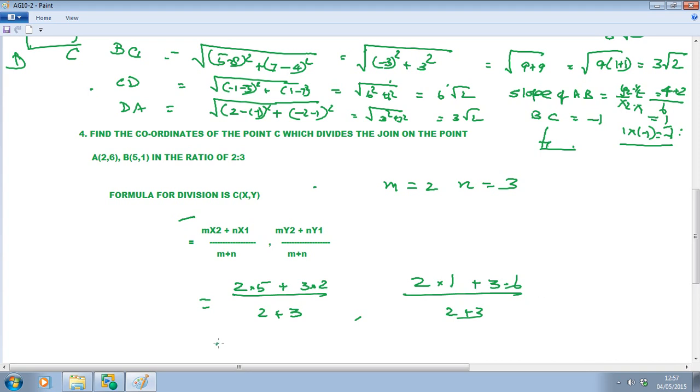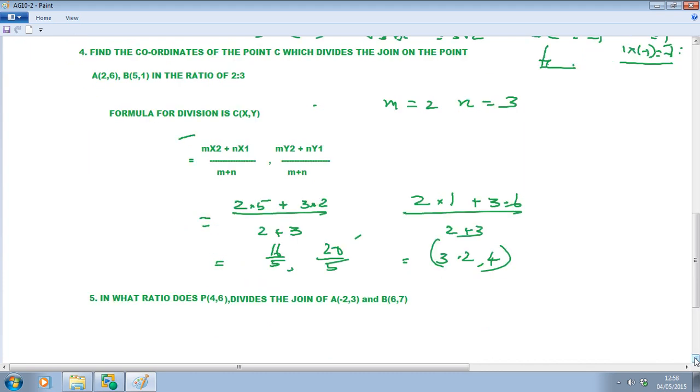So the answer is 2 fives are 10 plus 6 is 16, divided by 5. 2 ones are 2 plus 18, 20 divided by 5. Or instead of this, we can write 16 divided by 5 as 3.2, and 4. You can mention it like this. Something like 3 plus something, and 4. We can easily draw the graph with the point. This is how we mark.